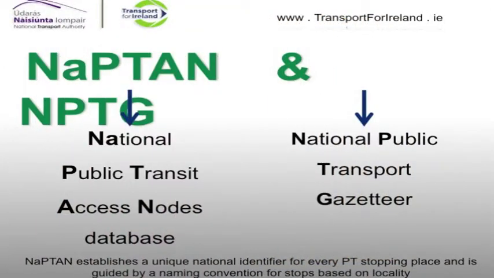And we can't talk about NaPTAN without talking about the National Public Transport Gazetteer. What that does is it puts location context on every bus stop. So it has a way of uniquely naming every bus stop in Ireland. Well, in the British Isles, because these are UK standards, and we're passed unique identifiers from the Department for Transport UK.